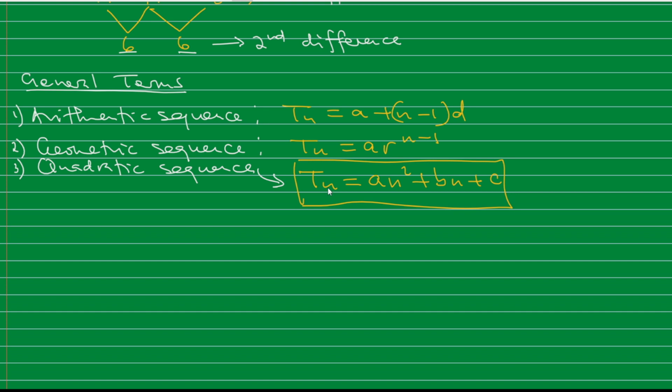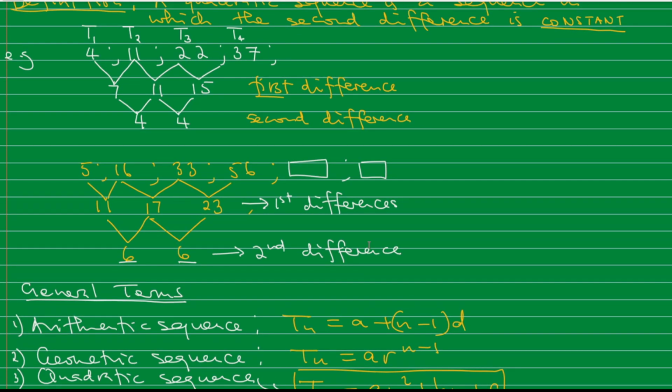So a general formula, or the general term, is a formula that we use to generate all the terms in a sequence. For example, coming back to the question here, we have these terms 5, 16, 33, 56. Those are our terms. Now, if we were to find an equation that we are going to use to generate those numbers, what would be that equation? That's what we call a general term.